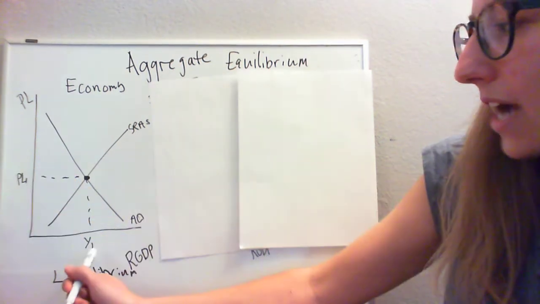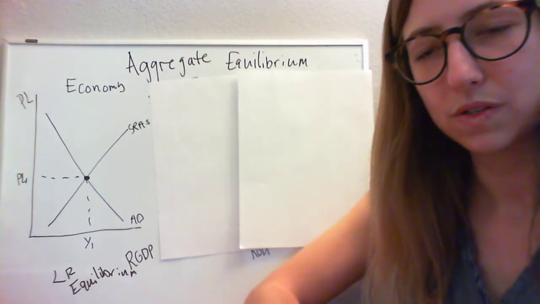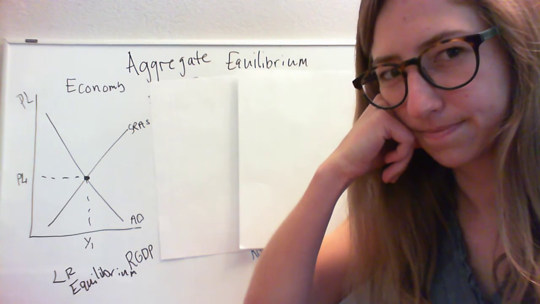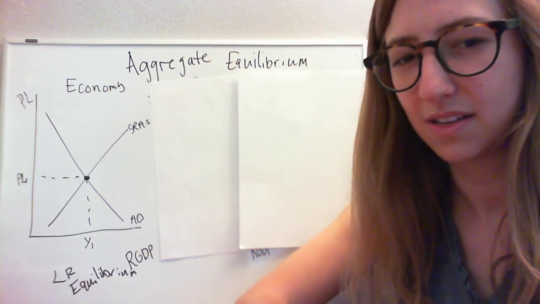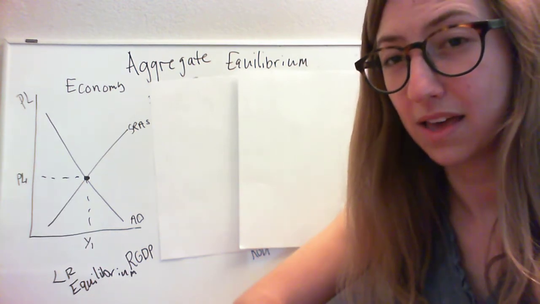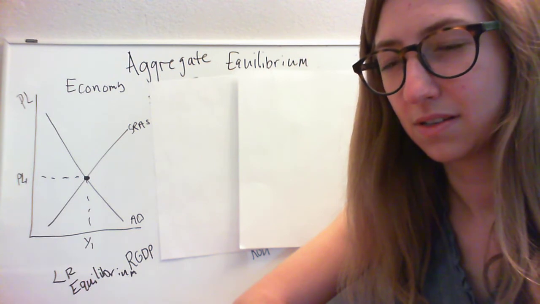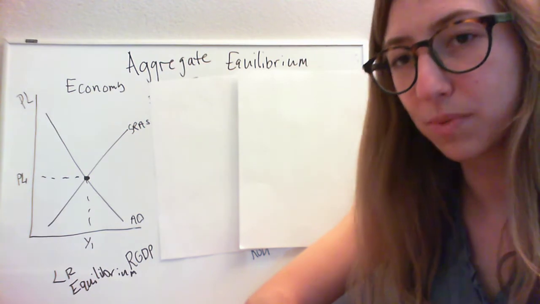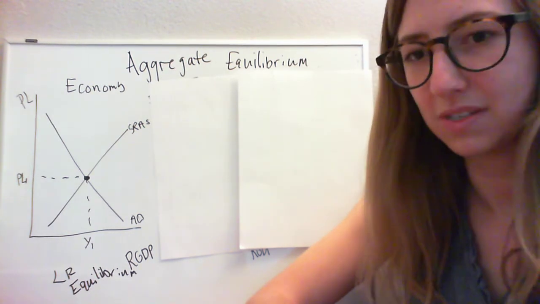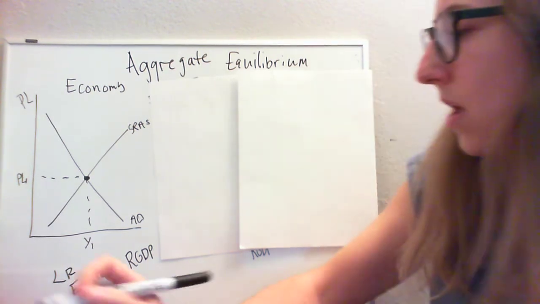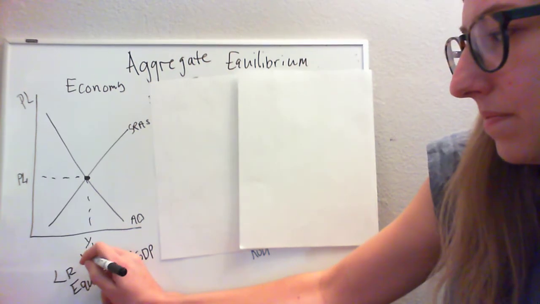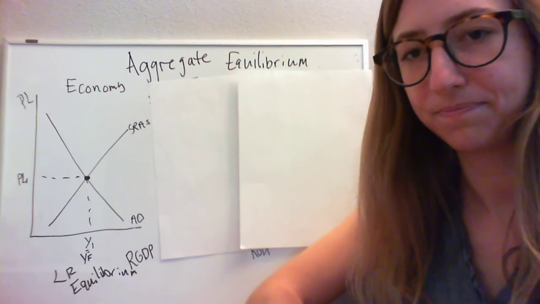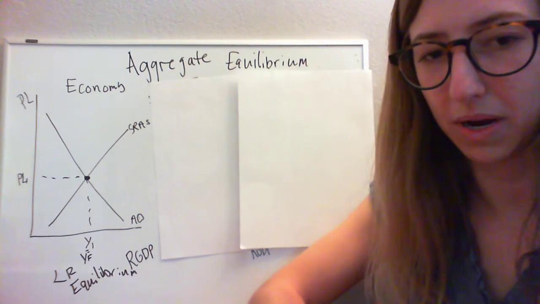Actual output equals what in the long run? We talked about this with the long-run aggregate supply graphs. Yeah, it equals YF. In the long run, the actual production of the economy is going to equal the normal sustainable production of the economy, which is YF. So Y1 equals YF in long-run equilibrium.